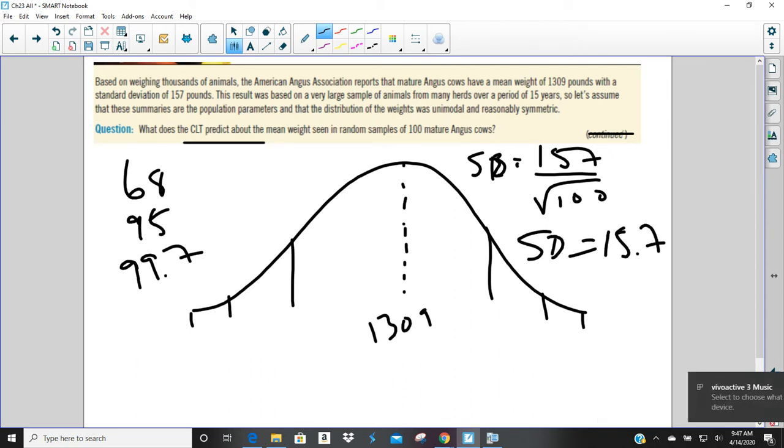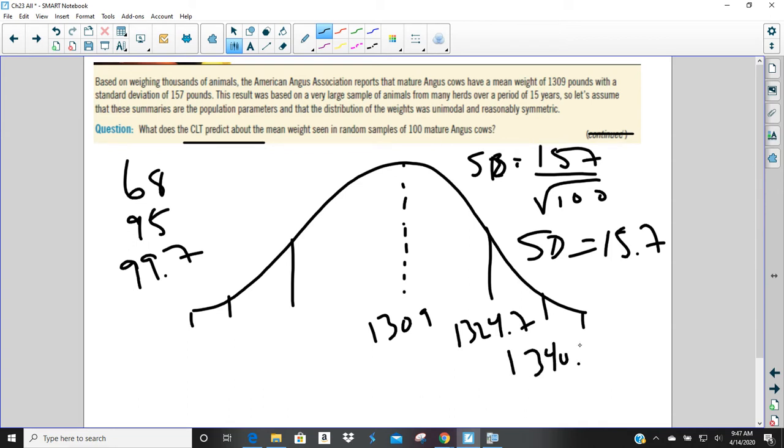What do we do with that information? I'm going to add it. We have 1309 plus 15.7, which gives 1324.7, plus another 15.7, which is 1340.4.